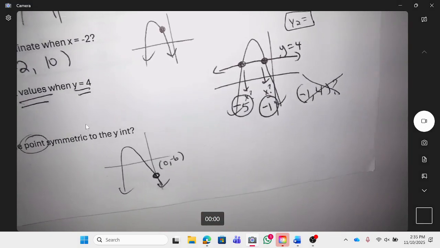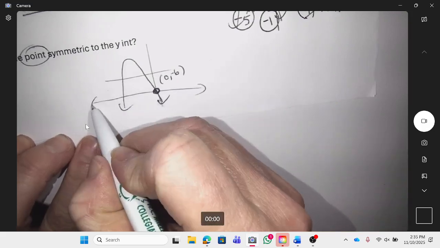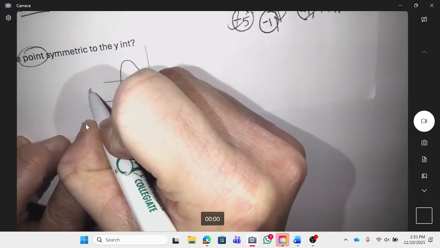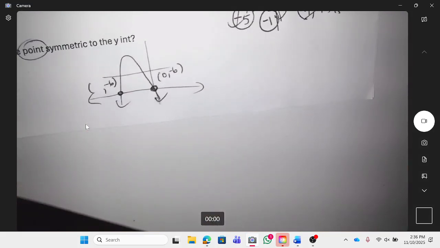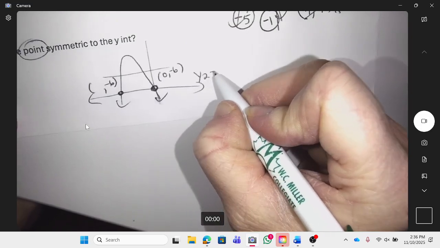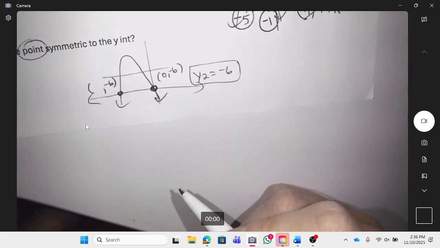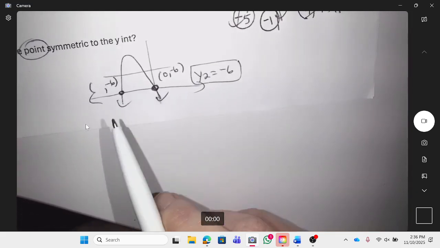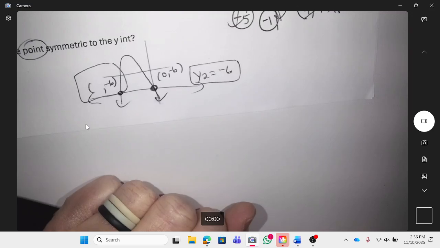Okay, so what do I know? Symmetric points always occur at the same height. They will occur across each other, so they're always on the same height as each other, right? So what do? Y2 equals same thing. Okay, can you get me that other point? And I'm going to write it as a point because it told me in the directions.